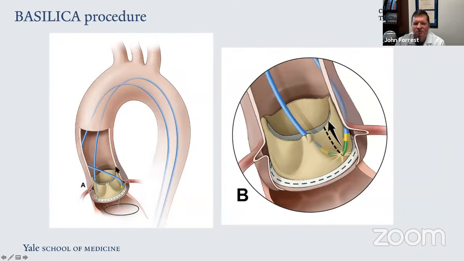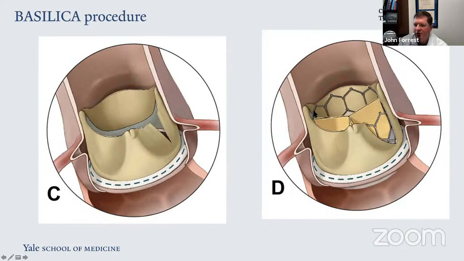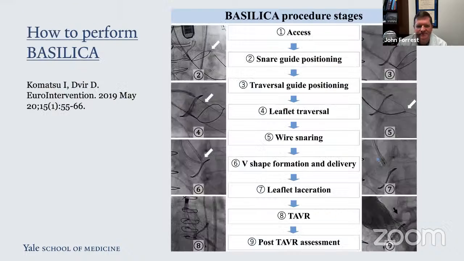So, again, this is for the sake of time. What you do is you take two catheters, you put a gooseneck snare in, you wire through the valve leaflet, okay, snare it, you create your sort of flying V here, you electrify the wire and you pull up, creating this slit in it and hopefully helping yourself to be able to perform the procedure.